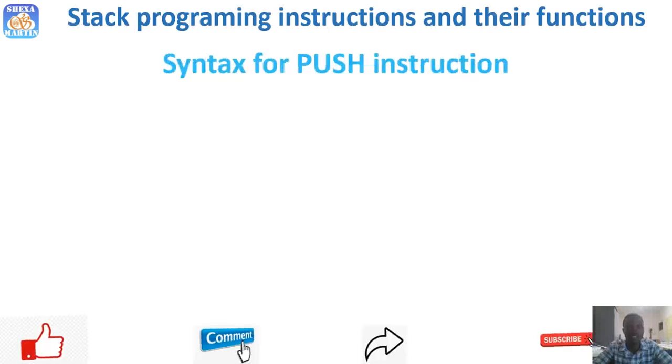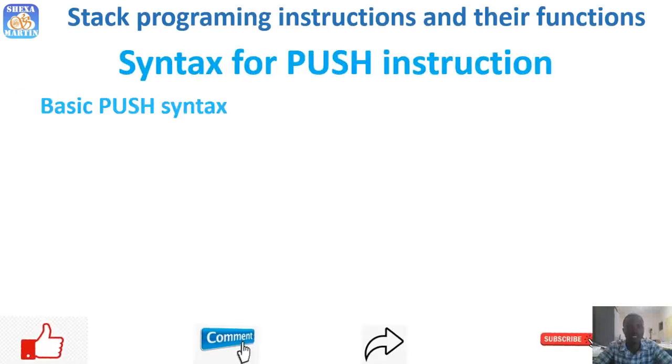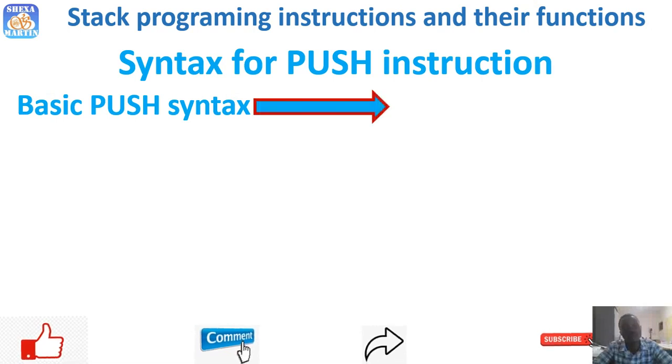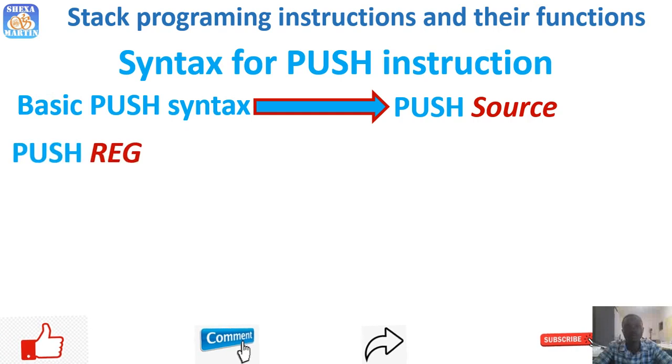And here is the syntax for the push instruction. The basic push instruction says you push from source. We already know that you are pushing to the top of the stack. So you just say push, that's the instruction, and then source, that's the register that we are getting the value from.